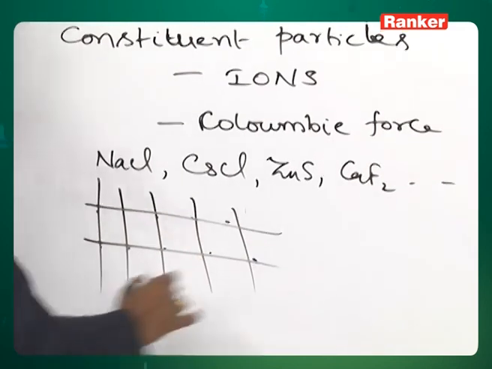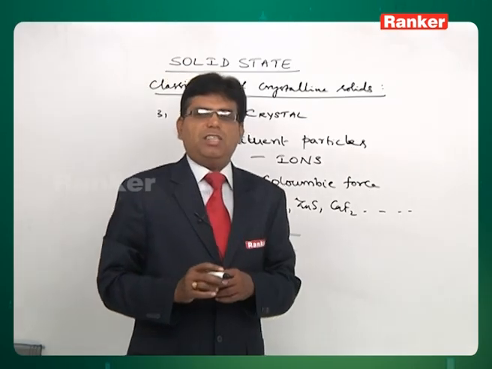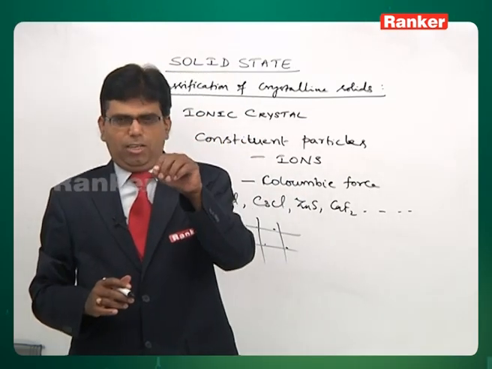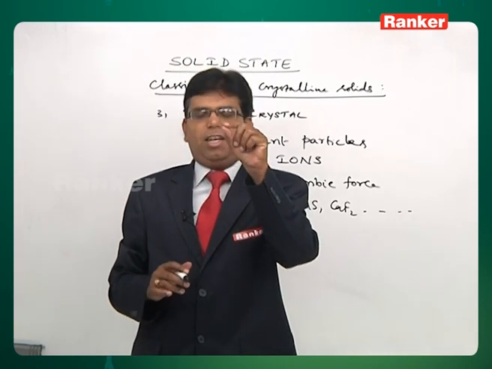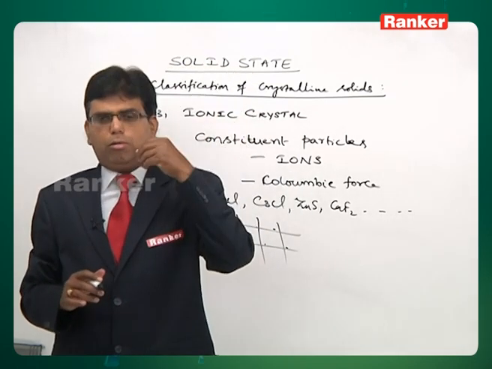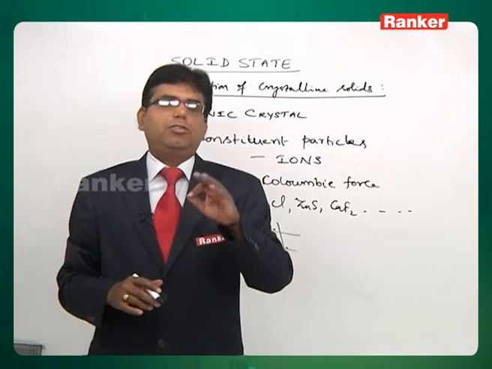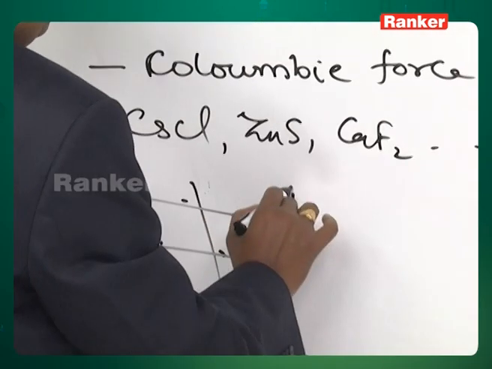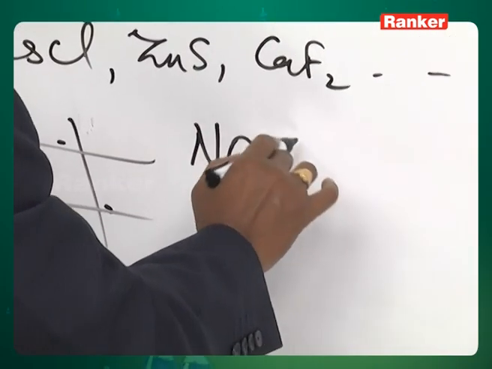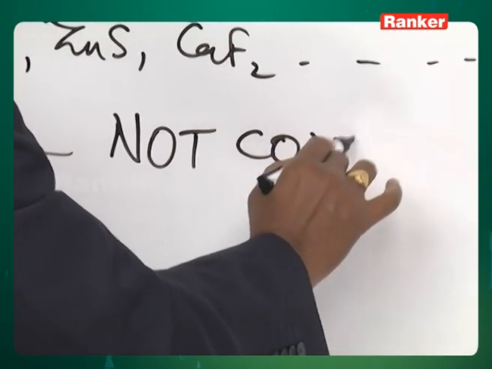The lattice will be like this. As a result, neither any ion nor any particle like an electron or proton is able to move along the crystal lattice. So, these are not conductors. Pure crystalline solids are not conductors.